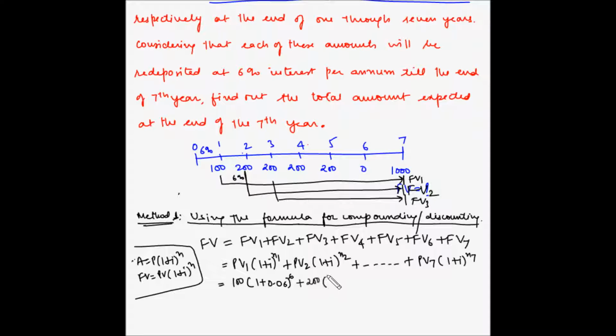So 200 into, now 1 plus 0.06 I'll directly add, so 1.06, and n2 will be 5, plus 200 into 1.06 to the power 4 plus 200 into 1.06 to the power 3 plus 200 into 1.06 to the power 2 plus 0 into 1.06 to the power 1 plus 1000 into 1.06 to the power 0. Now 1.06 to the power 0 will be 1.